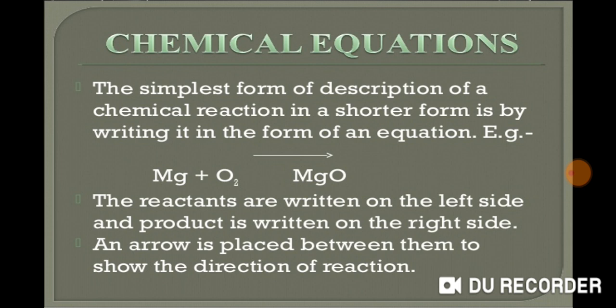So magnesium and oxygen react to form MgO, magnesium oxide. The reactants, magnesium plus O2 oxygen, are written on the left side, and the products are written on the right side. The arrow in between shows the direction of the reaction. So this is a chemical equation.